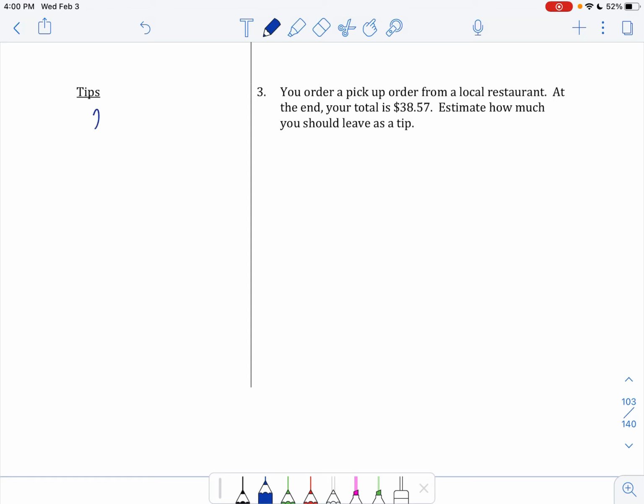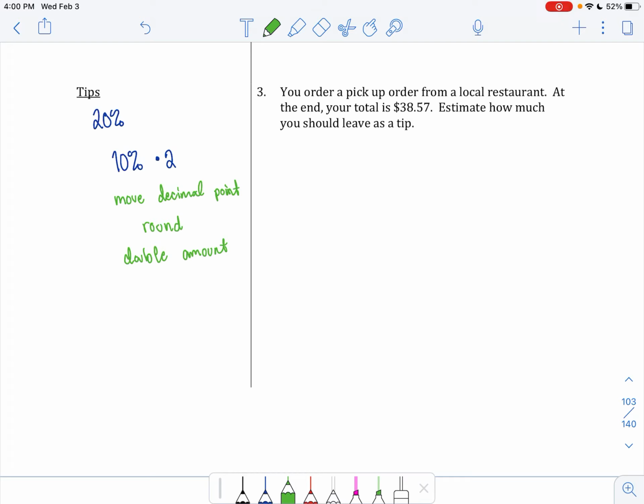Now, the standard tip right now is 20%, and this is really nice in terms of estimating, because you are going to want to think about this as 10% times 2. So move the decimal point, round, and then multiply by 2 or double the amount, and that's going to give you your tip. This is the way that you can tip really easily in your head.